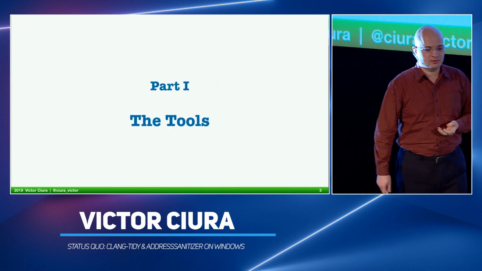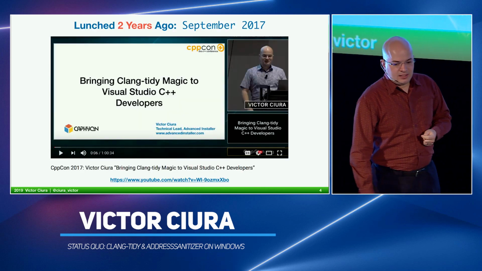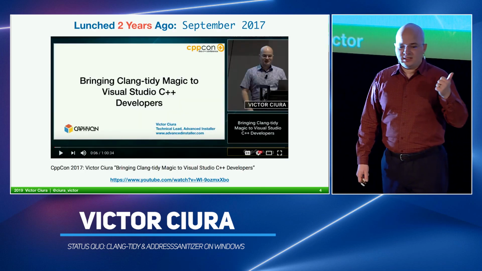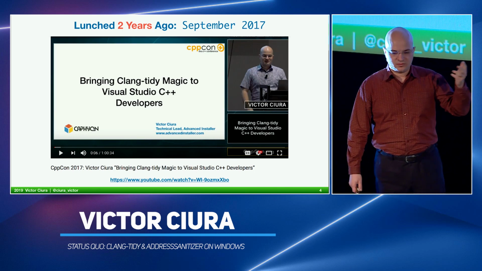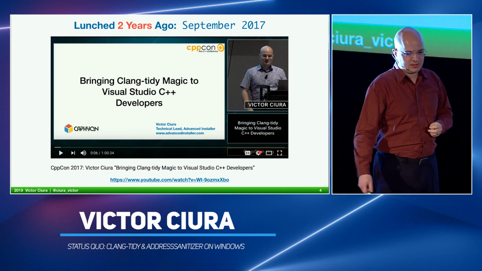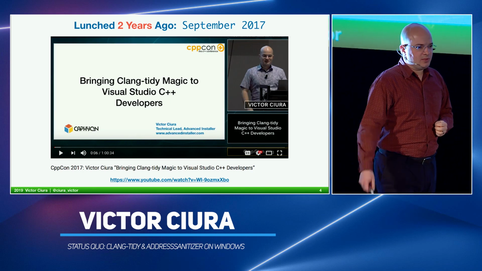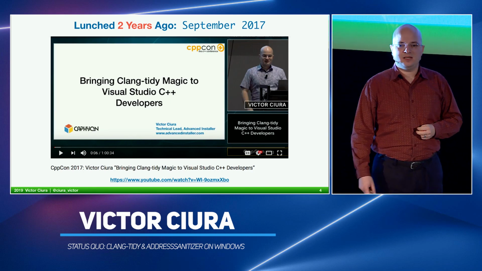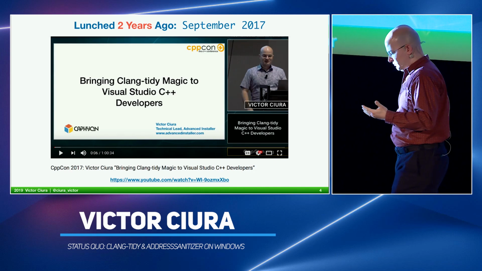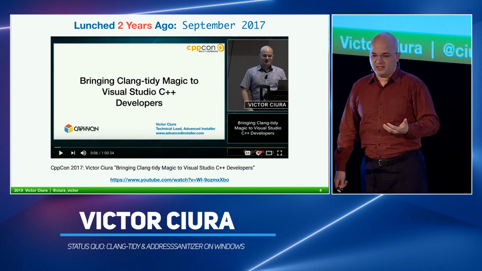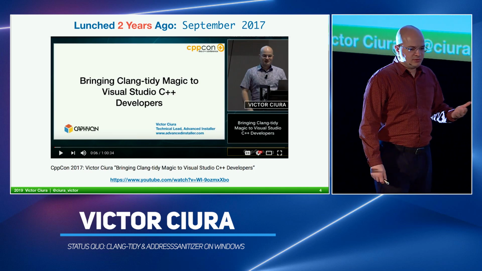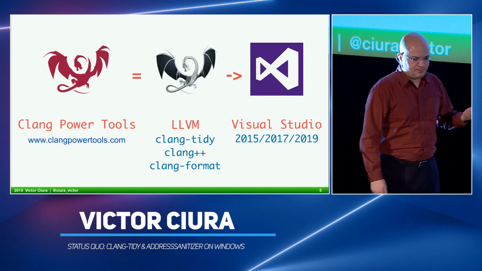So we're going to start with the tools. About 2 years ago, I did a talk at CppCon introducing a new toolset, Clang Power Tools. It was like a case study, and we showed various things that we did and transformations that we did on our code base and bugs we found, and we introduced this new tool.